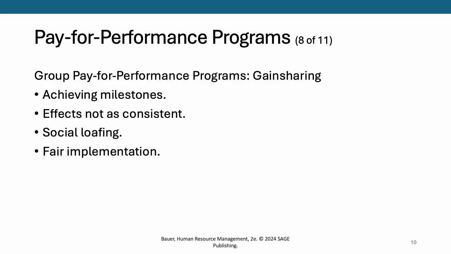Gain sharing is a way for the organization to set productivity goals. They're very clear, they're very concrete, and then what happens is, as the employees, the groups of individuals achieve those milestones, they get the gains in productivity. There is improved productivity, which means they make more money.